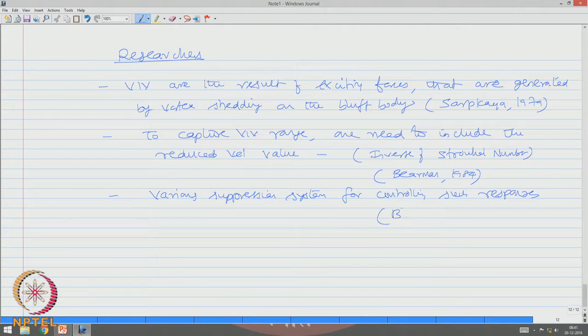For example, Blevins 1994, Kalak et al. 1991 and Farrell 2007 proposed many suppression systems which are helpful in controlling such responses caused by vortex induced vibration, essentially on offshore cylindrical members.